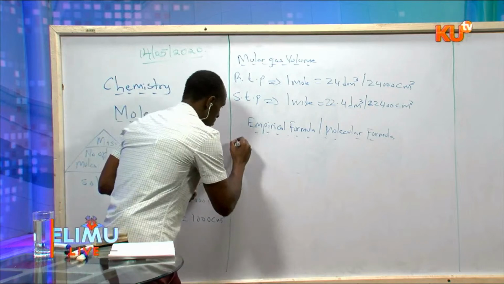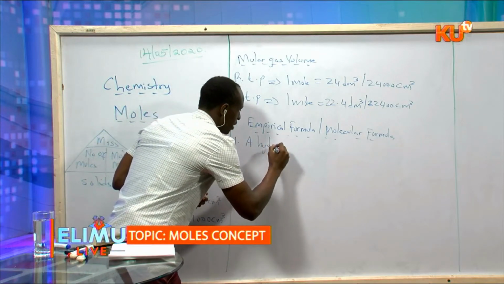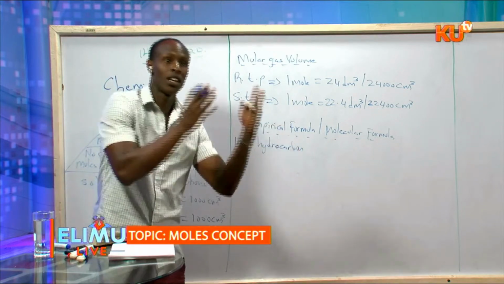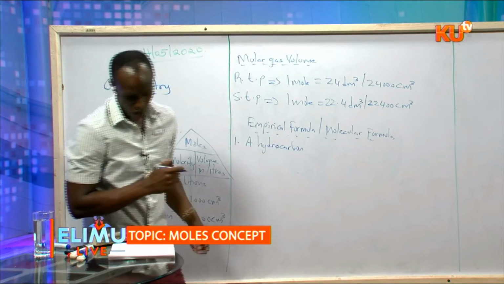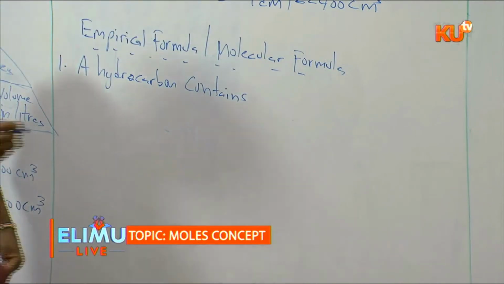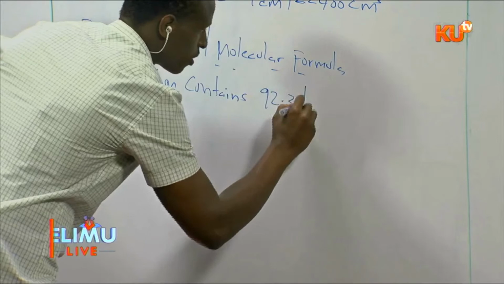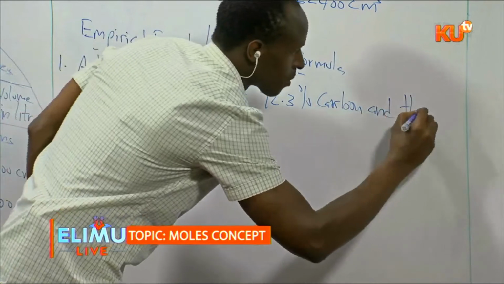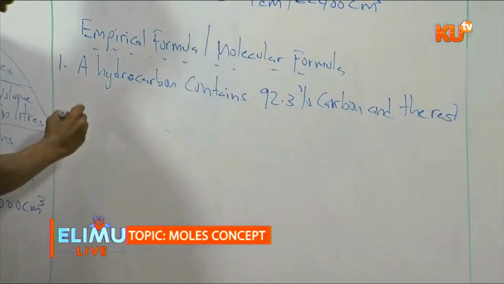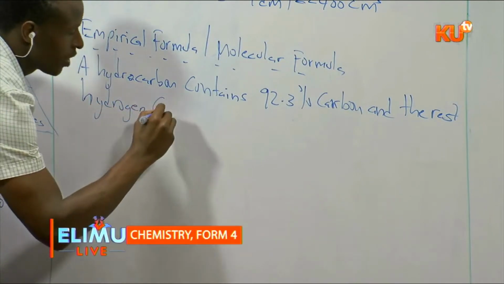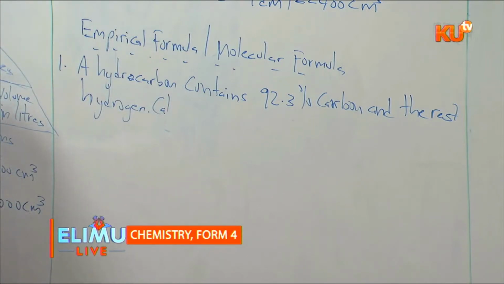It says a hydrocarbon. Hydrocarbon means it's made of hydrogen and carbon. It's an organic compound. It contains 92.3% carbon, and the rest hydrogen.